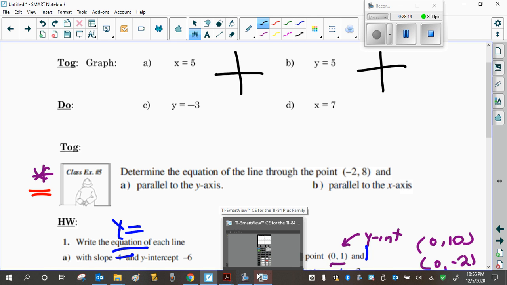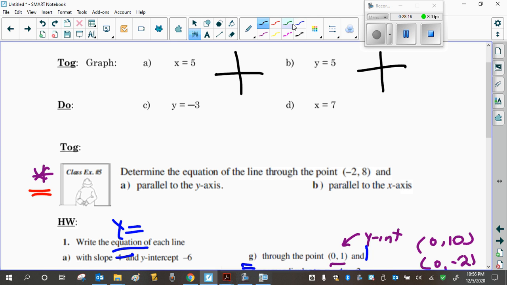Okay, so you can't guess whether x equals 5 is a vertical line at 5 to the right or a horizontal line at 5 up. You have to know. And we just said that y equals 5 is a horizontal line. So x equals 5 is your vertical line at 5 to the right.